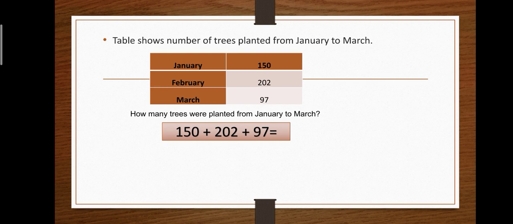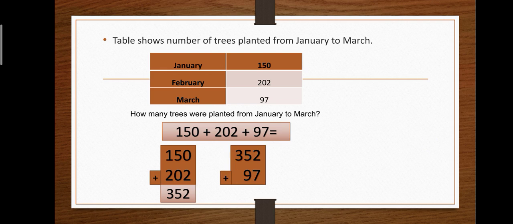So mathematics sentence first, then you write the standard form. You add January and February first, then add March. Then you will get the total, 449. Again, teacher repeats: altogether, total, more than.